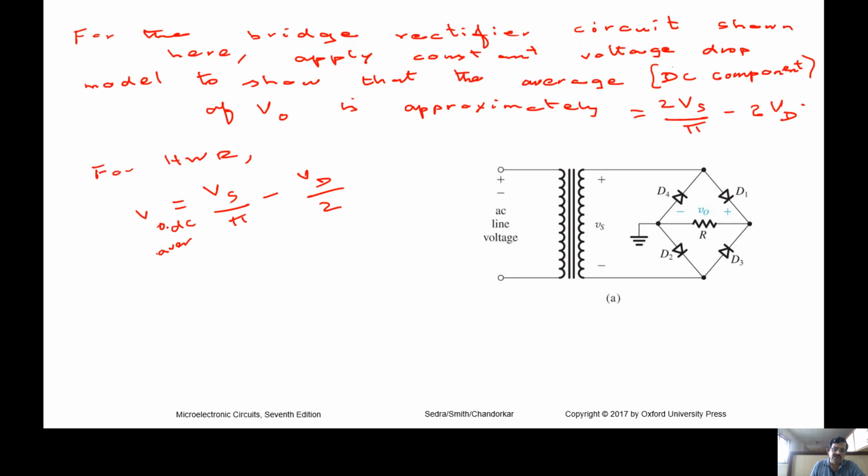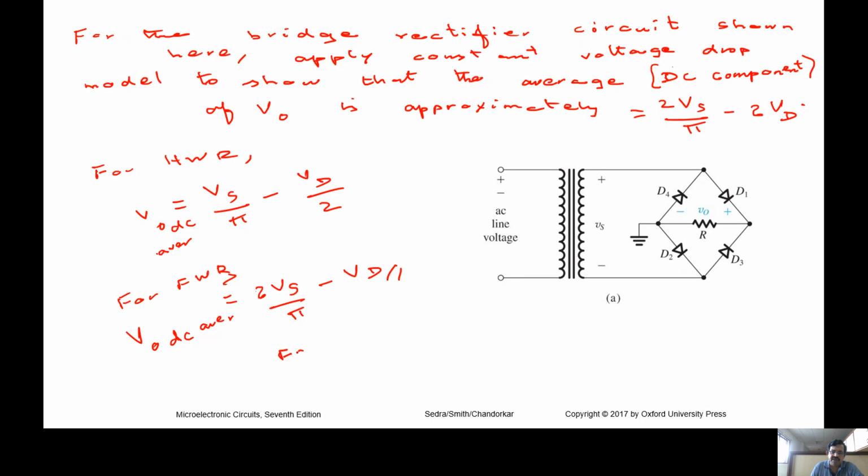V0 is the output, DC average, so subscript: V0 DC average equal to Vs by pi. For the full wave rectifier, V0 DC average is, I have to multiply it by two because I have both the cycles, so it becomes 2 Vs by pi minus Vd.